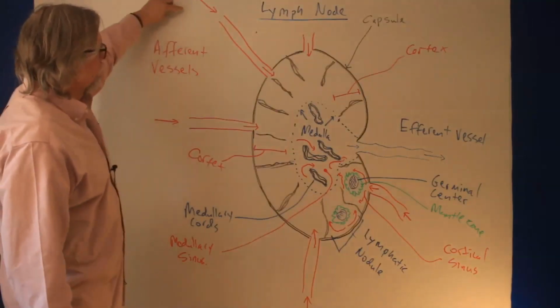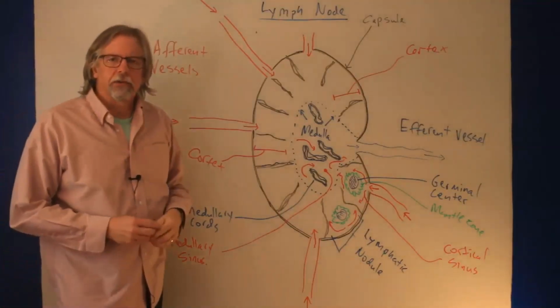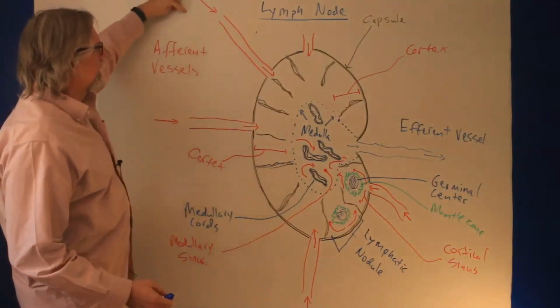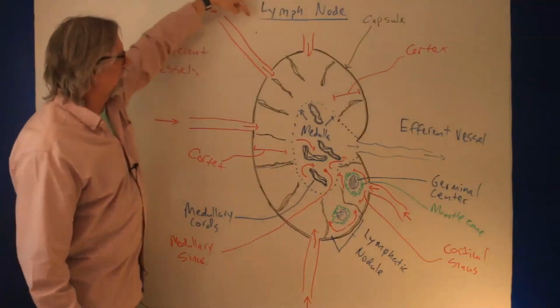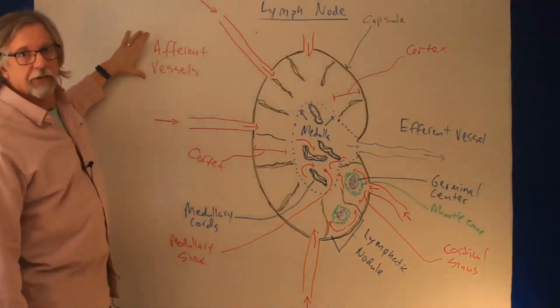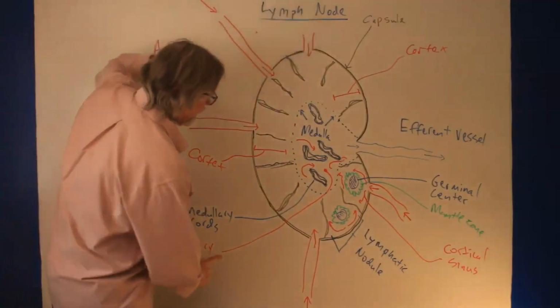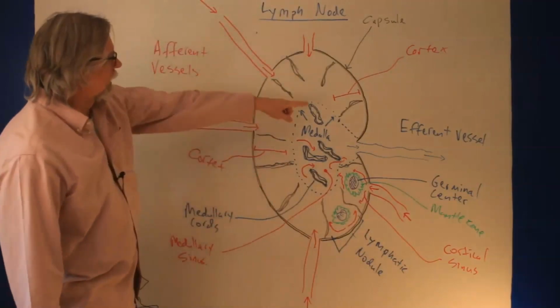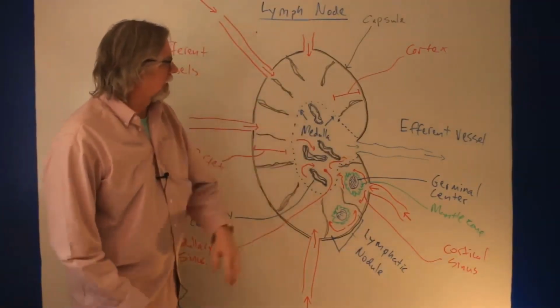So one thing to notice, it's connected to a lot of lymphatic collecting vessels, and most of these are bringing lymph in. So they're color-coded red on this diagram. Those are the afferent vessels. Lots of afferent vessels bringing lymph in to the lymph node, okay? And then on the indented side, this is called the hilum.